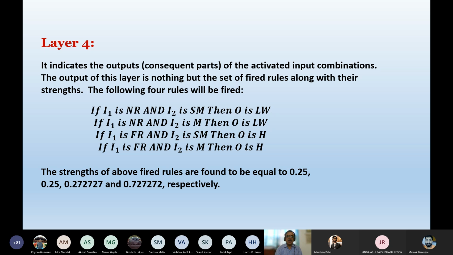And once you've got this output of layer 3, now in layer 4, we try to combine all such outputs, and you'll be getting the fuzzified output as the output of layer 4.